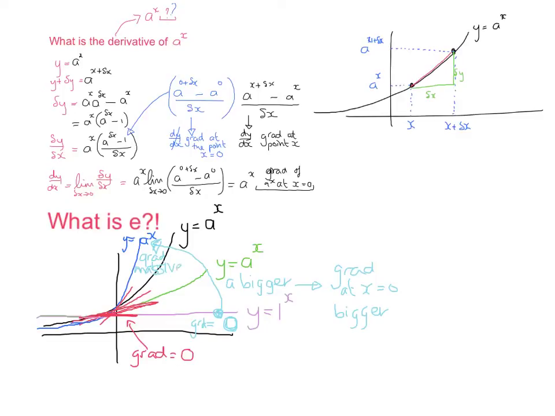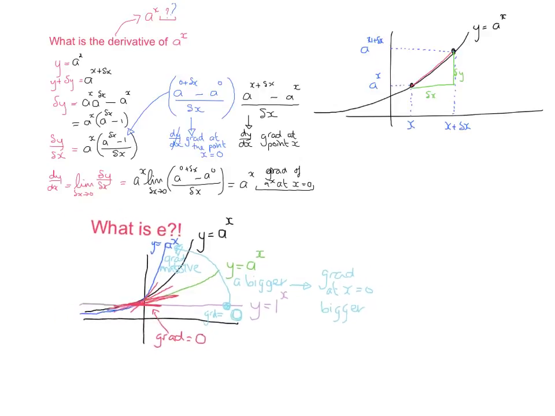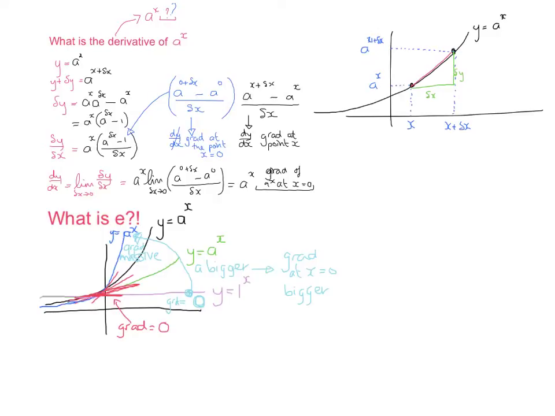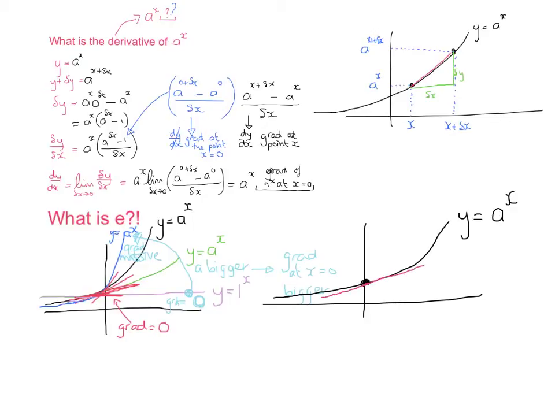So, what Euler said was, pretty sure it was Euler, he said, okay, so if this is happening, then somewhere in between these two, the dark blue one and the purple one, somewhere there must be an a to the x, and for that particular one, this one, I'll draw it, y equals a to the x, somewhere in between the dark blue one a to the x and the purple one a to the x, for this one, that gradient there must equal exactly 1.